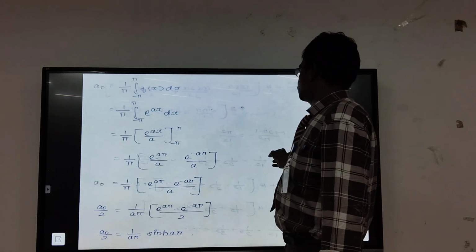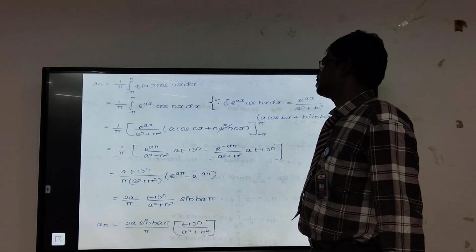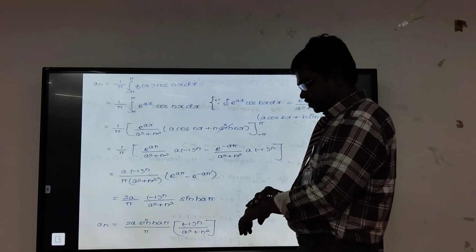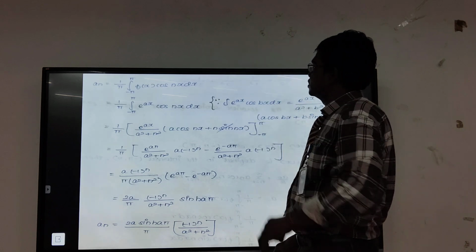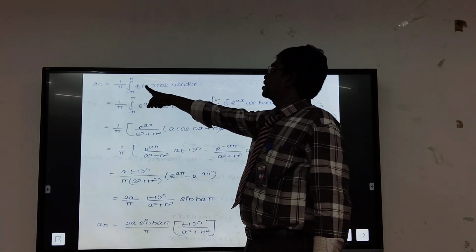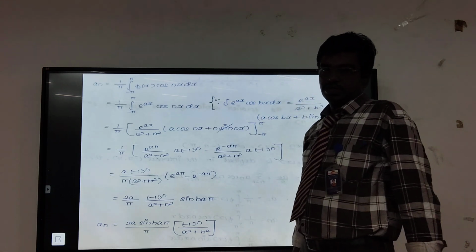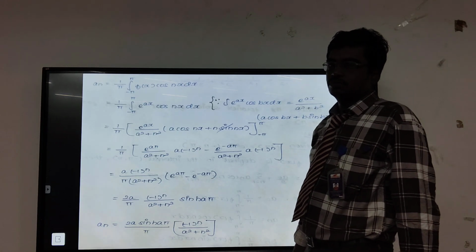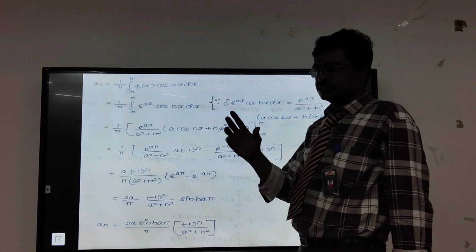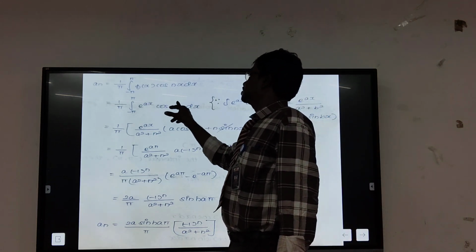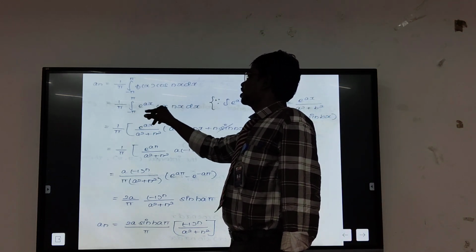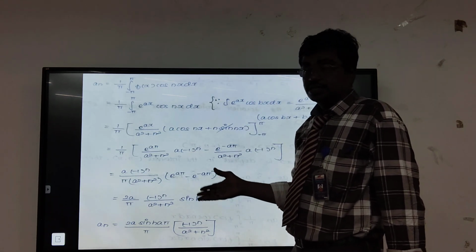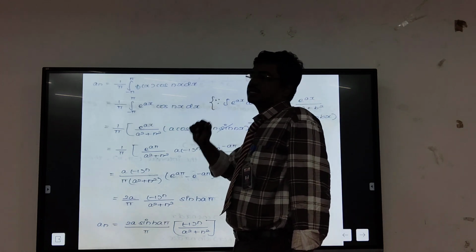Okay, now we can find out a n. The formula for a n is 1 by pi integral minus pi to pi f of x cos nx dx. So here f of x is e power ax, and we integrate e power ax cos nx dx. Generally we can use Bernoulli's formula: integral of algebraic coefficient with the cos term, then integral with the sin term. But here this is an exponential function and that is a trigonometric function.